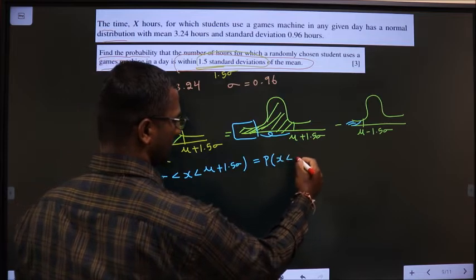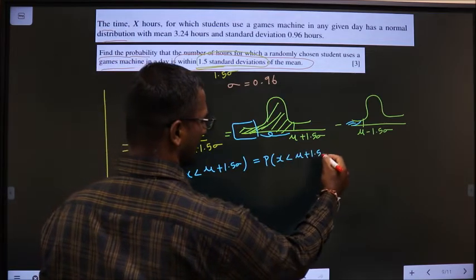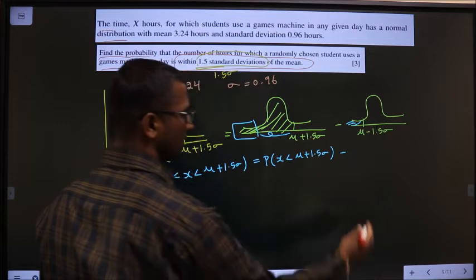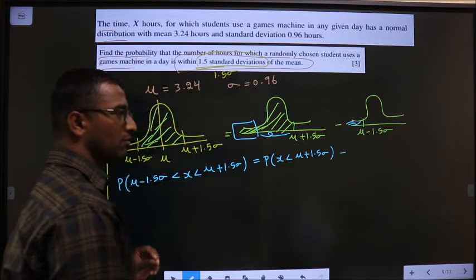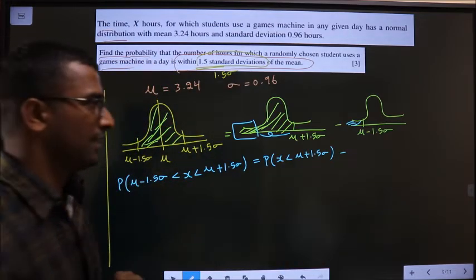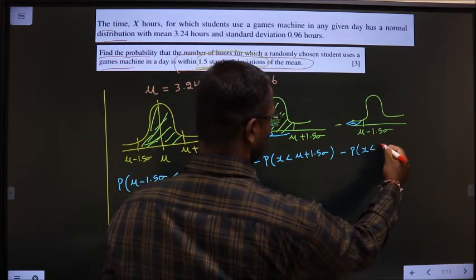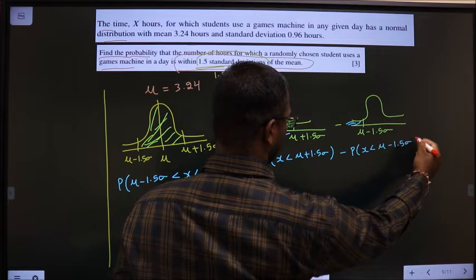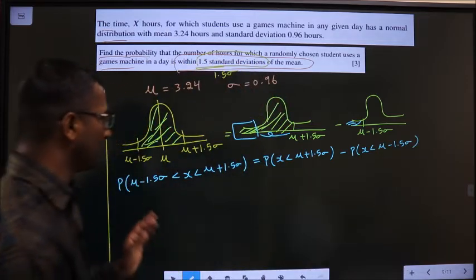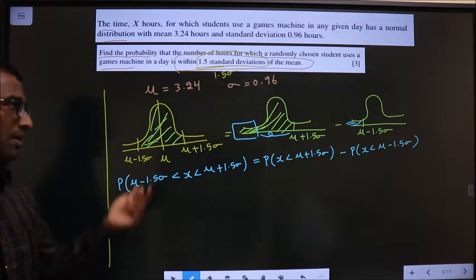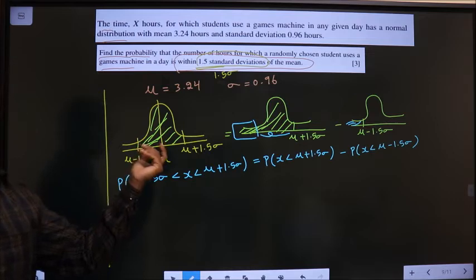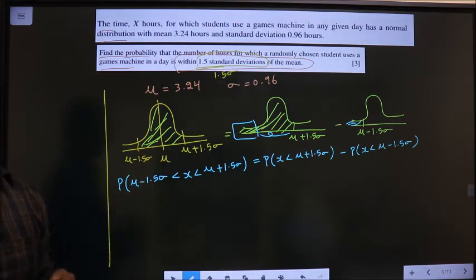So, P of x less than mu plus 1.5 standard deviation, minus this, also the left side of mu minus 1.5 standard deviation. So, P of x less than mu minus 1.5 standard deviation. Clear? This is how we find the in between area, or that itself is probability.